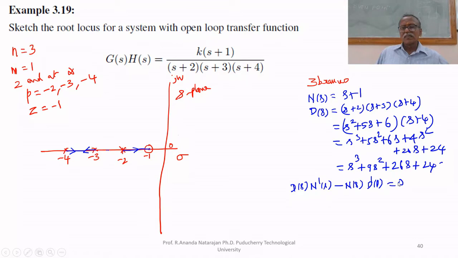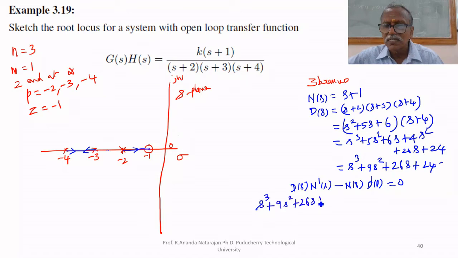Both are the same, only the minus sign matters. What is D of s? D of s is s cube plus 9s square plus 26s plus 24. Check for any numerical mistake. Multiplied by N dash of s.